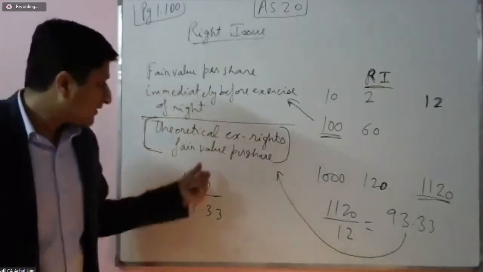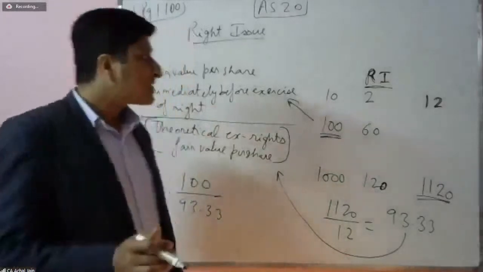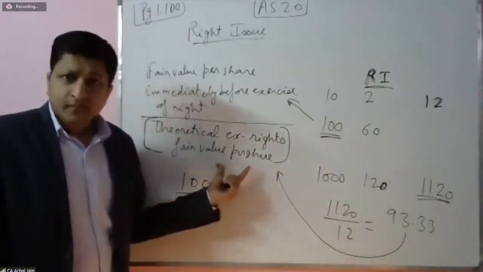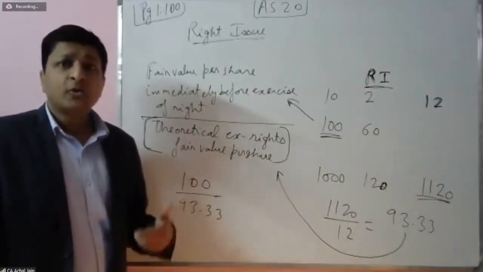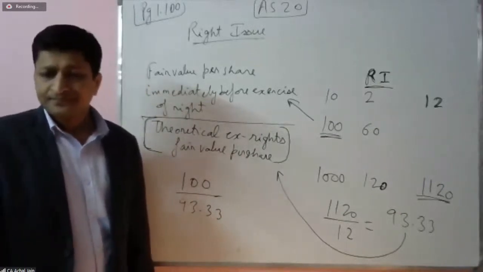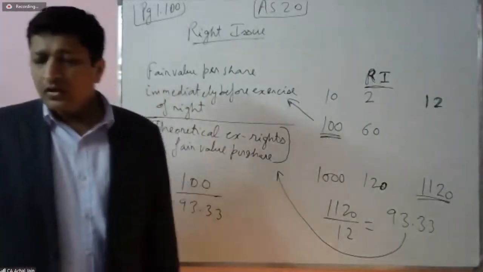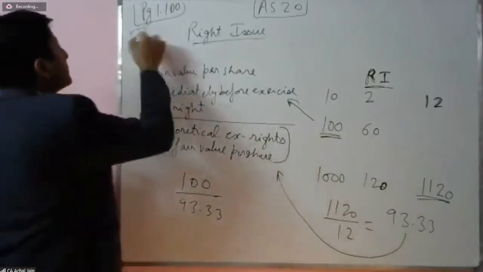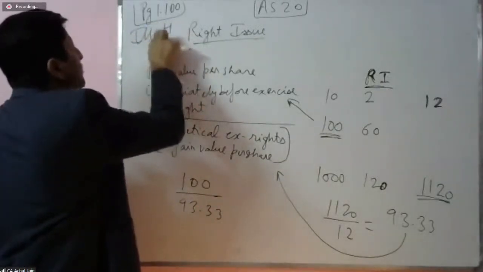But the better way is to understand how this is computed. In that manner, you will be better able to remember it for a long period of time. So let's move on to illustration number 4 on page number 1.100. Once we solve this, we'll get more clarity.